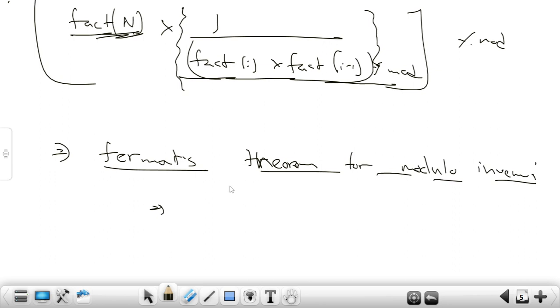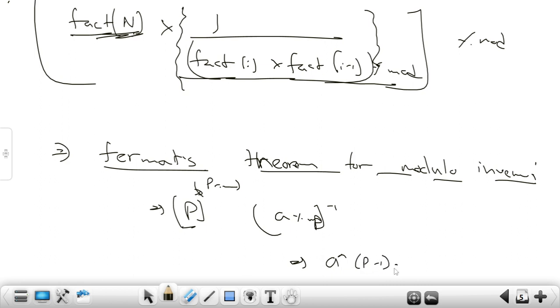This theorem says that if p is a prime number and I have to calculate a mod p inverse, then a raised to the power p minus 1 is going to be 1 mod p. This is what Fermat's theorem says.